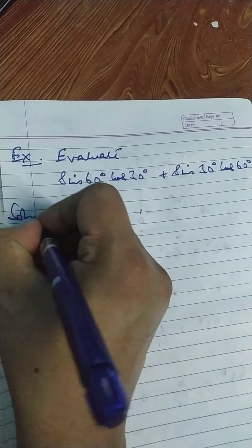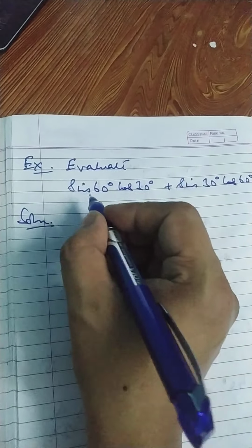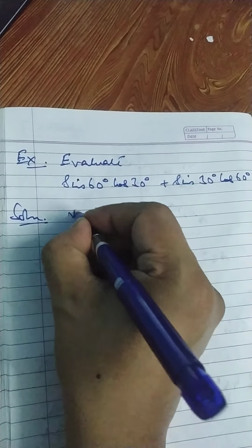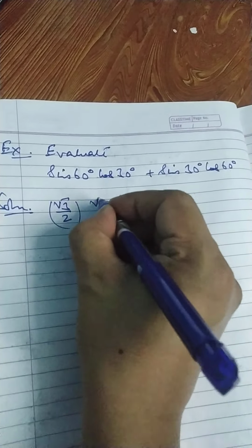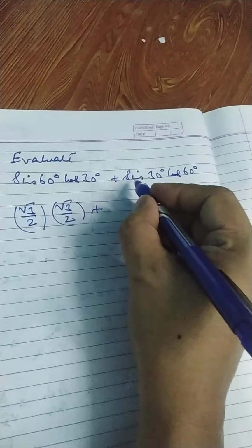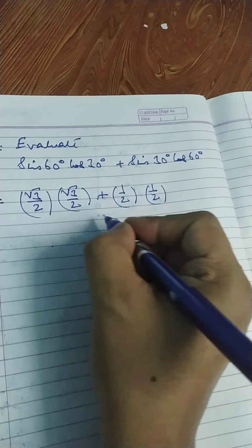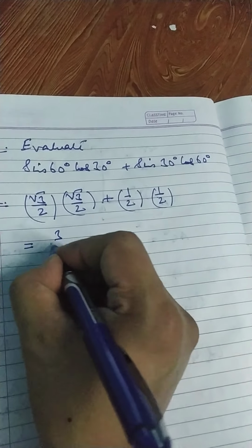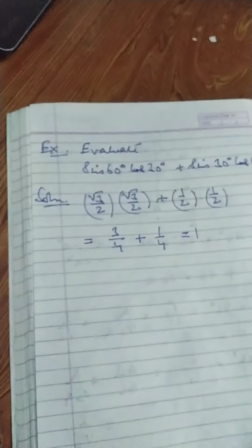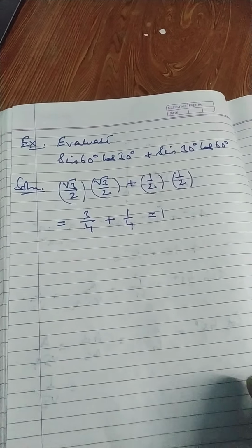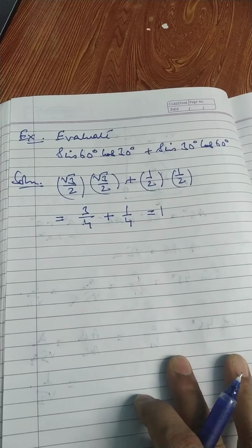So the solution will be: sine 60, we have already obtained the ratio as root 3 by 2, and cos 30 is also root 3 by 2, and the ratio for sine 30 is 1 by 2, and cos 60 is also 1 by 2, which is equal to 3 by 4 plus 1 by 4, which is equal to 1. So we can easily evaluate this kind of problem by just directly putting in the ratios.